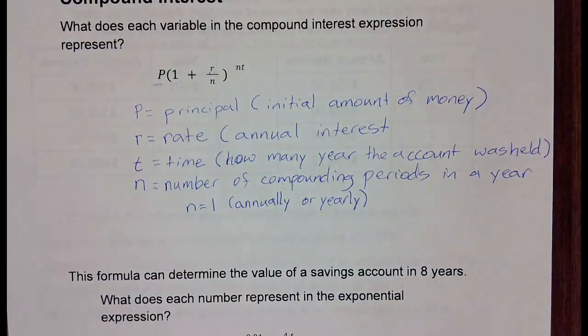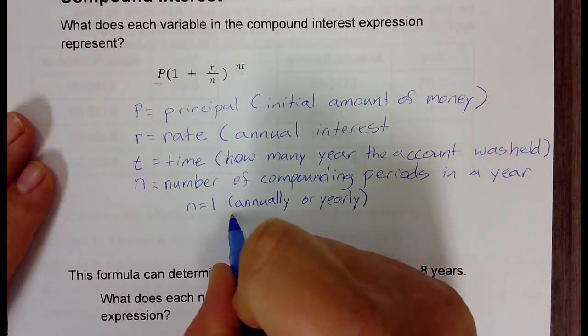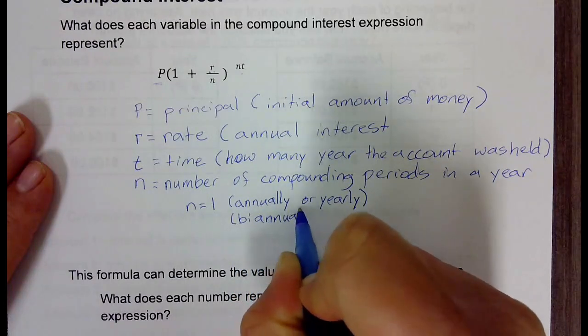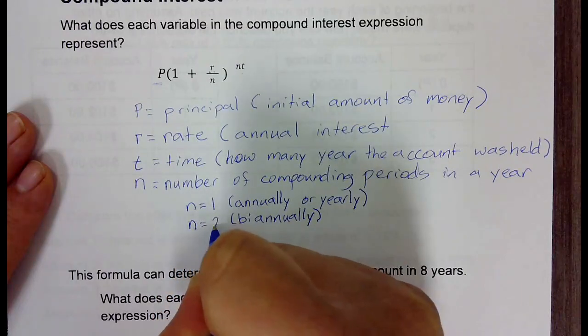Sometimes it might compound more than once a year. So some ways that we can refer to that are if it compounds biannually, that would be twice a year. So N equals 2.